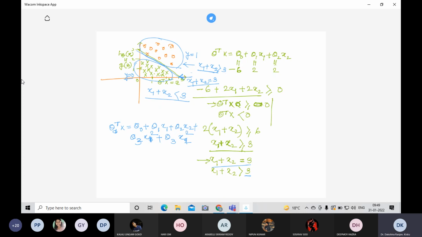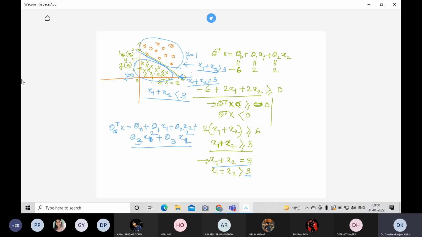So this is the hypothesis representation. From this hypothesis representation we need to predict the decision boundary, and according to the decision boundary we will classify the data points either into the positive class or the negative class.